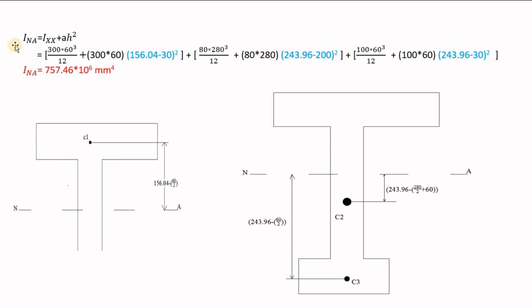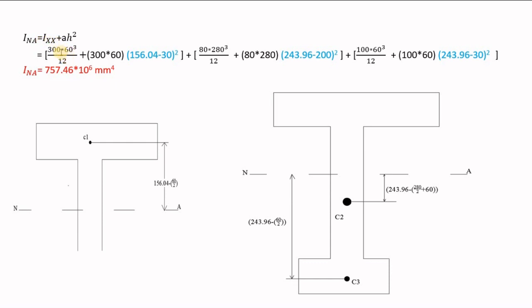Next is, how much is INA? Why do we need this INA? That is the moment of inertia about the neutral axis. Why do we need this? For the calculation of section modulus, that is ZT and ZB, we need this INA value. For that we have the formula IXX plus A h square.